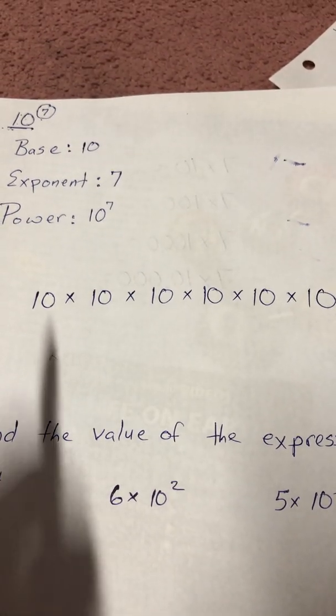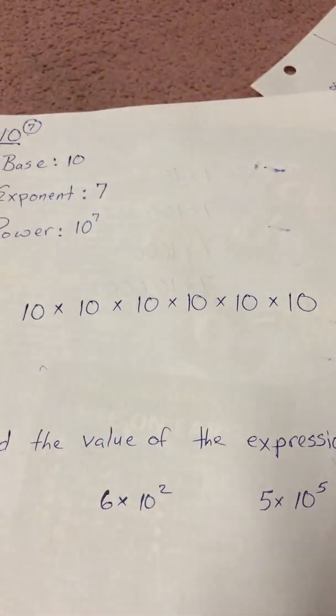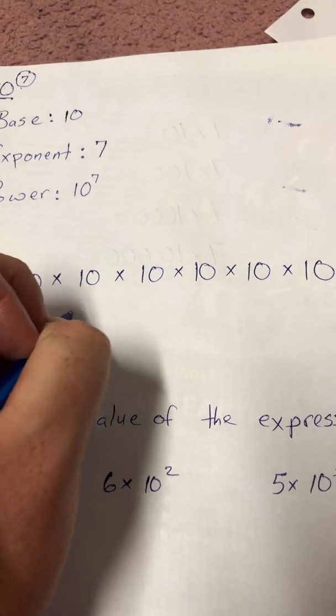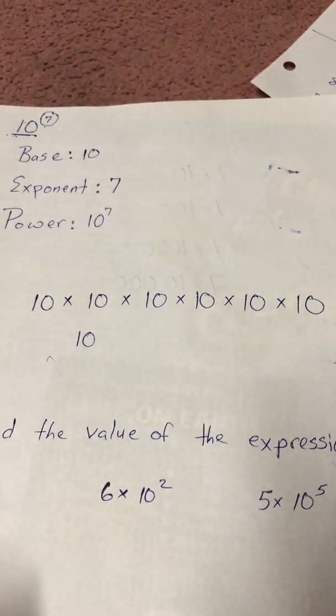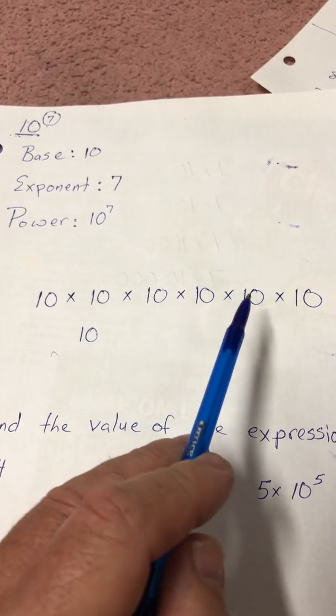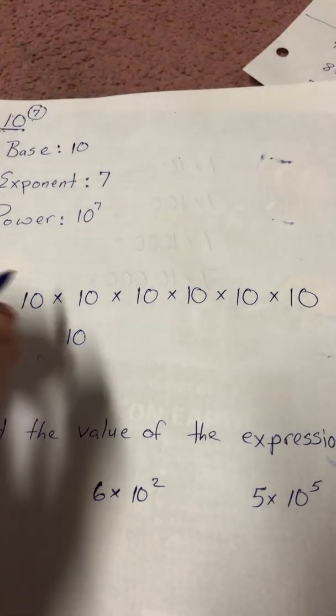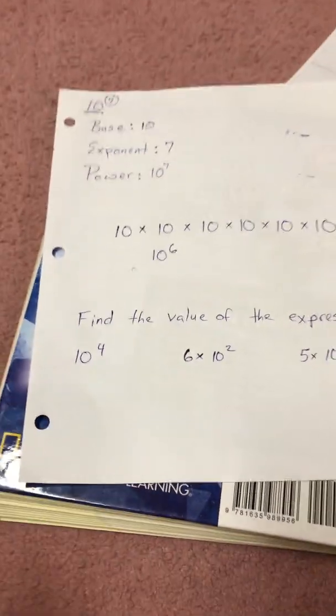And so I see that I have 10 times 10 times 10 times 10 times 10 times 10. All right, so my base number is 10. And how many 10s do I have? So I just count them. 1, 2, 3, 4, 5, 6. So I have 10 to the power of 6.